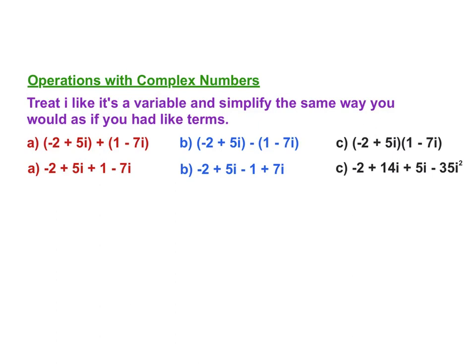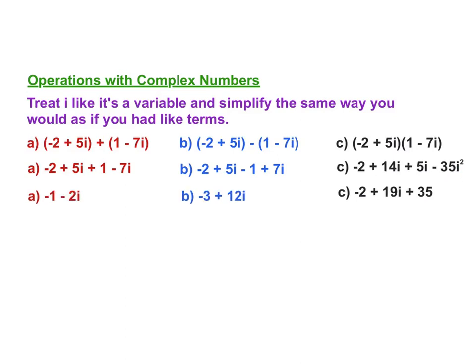Now it's just a matter for part A of combining like terms, part B combining like terms, and my guess is part C combining like terms, except what did I tell you about i squared earlier? It equals -1. So every time you see i squared, you need to replace it with -1 every single time. Your final answer cannot have an i squared in it because we know what i squared is. So you have to replace that.